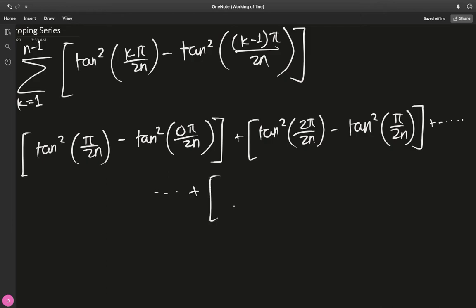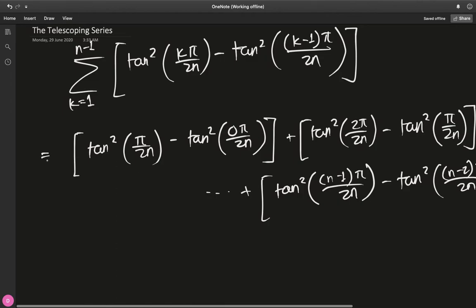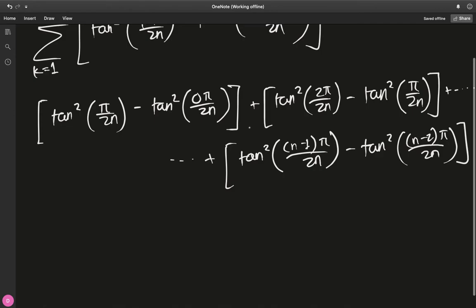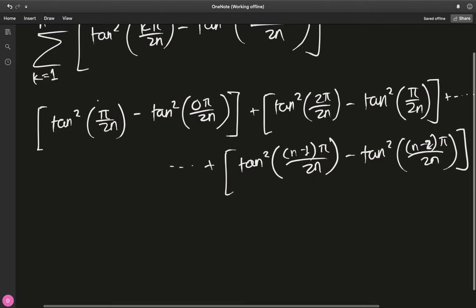So the last terms we have, when k equals n minus 1, is tan squared of (n minus 1) pi over 2n minus tan squared of (n minus 2) pi over 2n. So those are basically the last terms, and we don't even need to take the limit as n goes to infinity, because it's not even an infinite sum. So just writing out till n terms, treating it like a finite series, because there was no infinity originally.